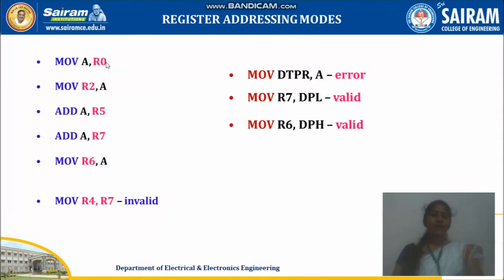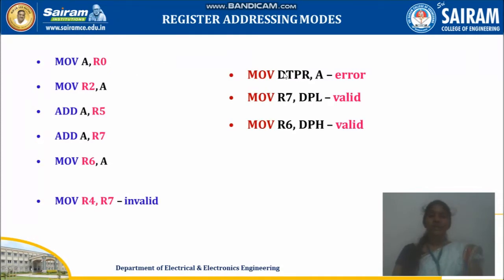A is the accumulator register and R0 is the zeroth register in any of the banks. So the register is directly present in the instruction, and the value available in R0 will be moved to the accumulator. Similarly, MOV R2, A means whatever content is in the accumulator will be moved to the R2 register. That is register addressing mode, where the register address is directly present in the instruction.